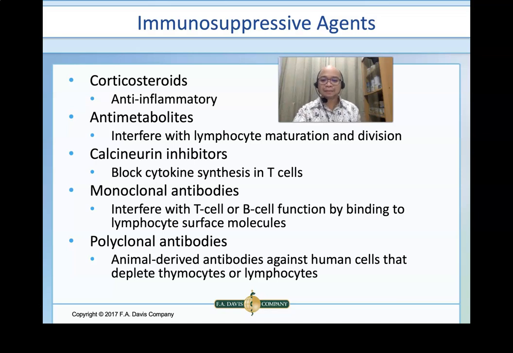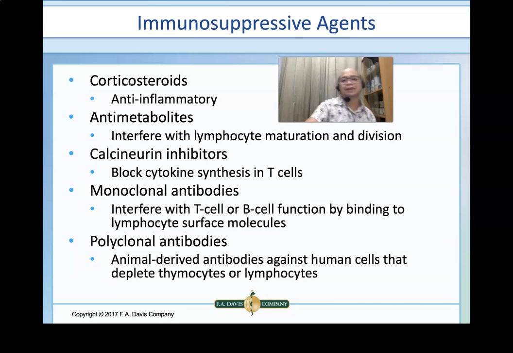Then the polyclonal antibodies are animal-derived antibodies against human cells that also deplete thymocytes and lymphocytes. Thymoglobulin is an anti-thymocyte antibody prepared in the rabbit, and the other one is ATGAM.